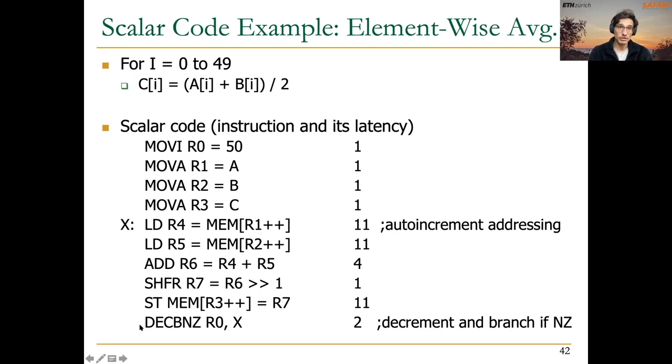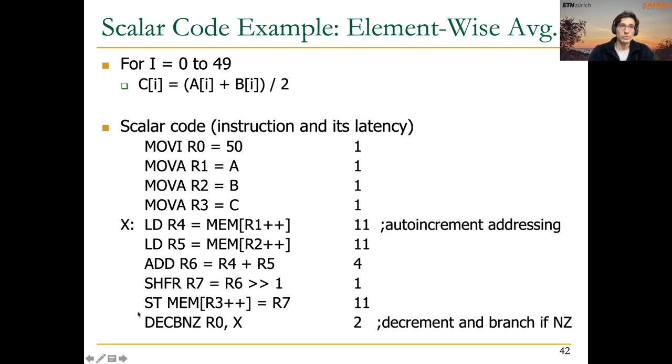Finally, we have to decrement the counter, or the index, in this case R0. We decrement the counter and compare to 0. If it's not 0, then we jump to X and continue the execution. We start with elements A0 and B0, then A1, B1, and so on.